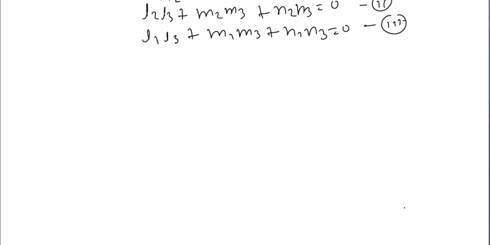Now the question is saying that the line whose direction cosines are proportional to L1 plus L2 plus L3, M1 plus M2 plus M3 and N1 plus N2 plus N3 makes equal angle.